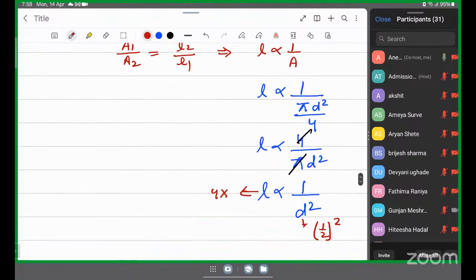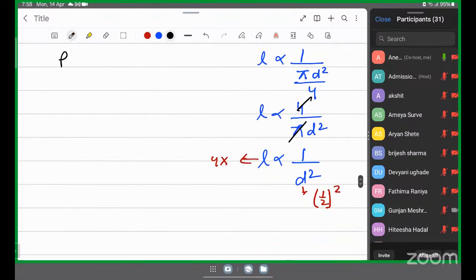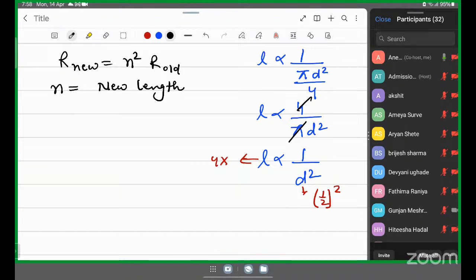So according to this situation, we can state that R new equals N square into R old, where N is the factor by which length is increased.